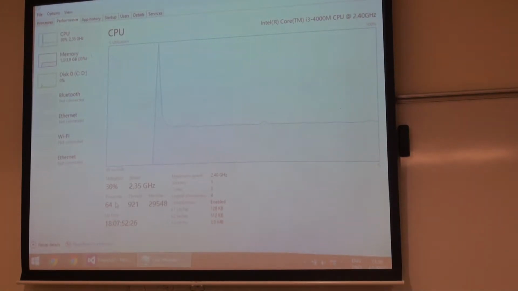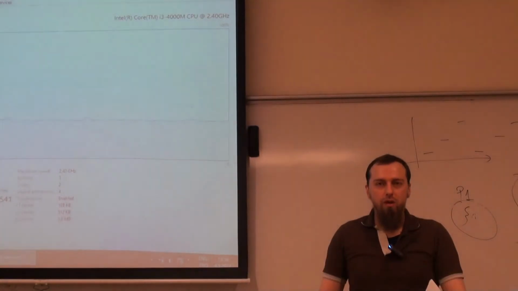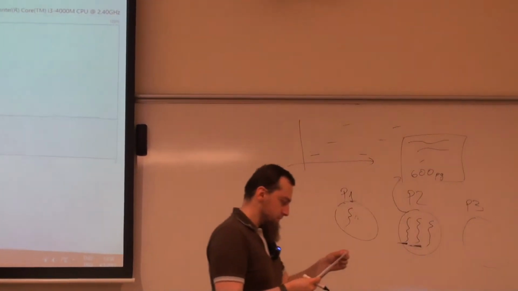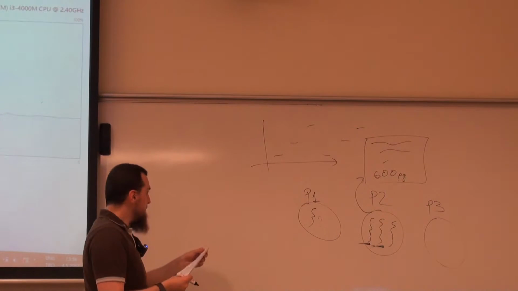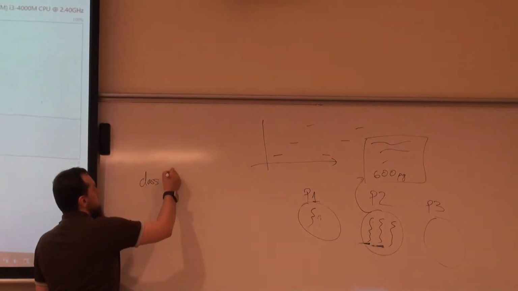Okay, so let's go with the first program. But before doing that, we saw what a thread is. Now let's see how we can generate threads, how we create them, and so on. In order to do that, we have a class. And the name of the class is, you can guess it, thread.